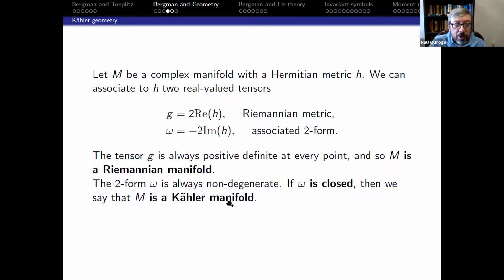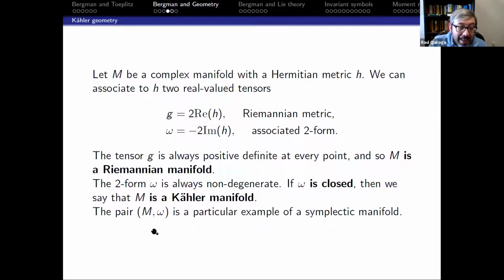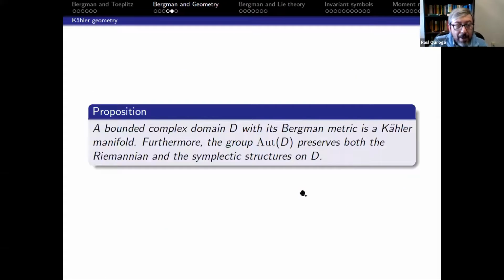If it is closed, you get a Kähler manifold. Those are some general definitions. And that provides you with an example of what is called a symplectic manifold. A symplectic manifold is an even dimensional real manifold with a two-form which is non-degenerate and closed, which is the case in this situation, of course, when you have closedness of this two-form.